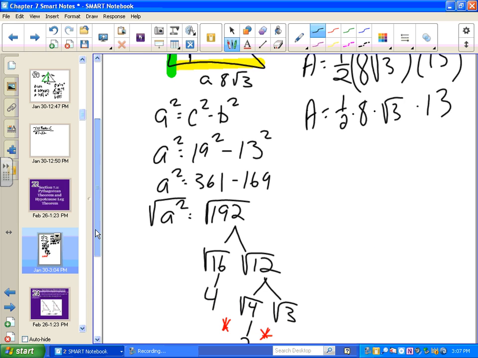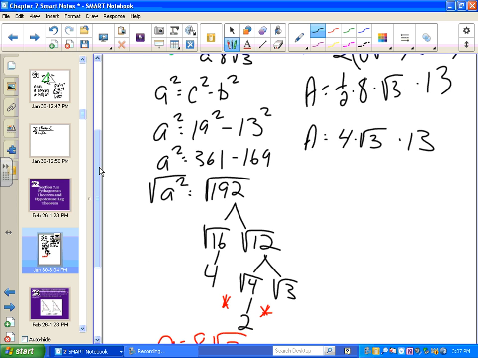And remember, multiplication is commutative, so we have 1/2 times 8, so that is 4 times the square root of 3 times 13. Now, 4 times 13, I can rearrange this because once again multiplication is commutative, that is 52. So the exact area would be 52 times the square root of 3.